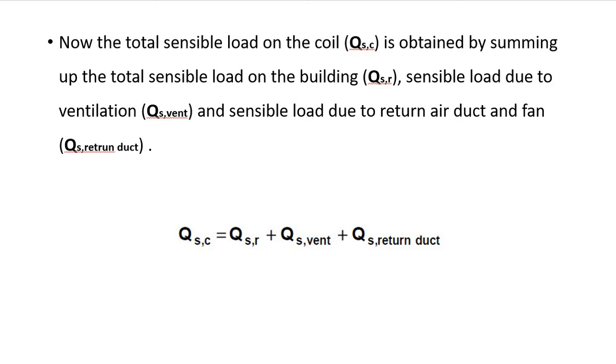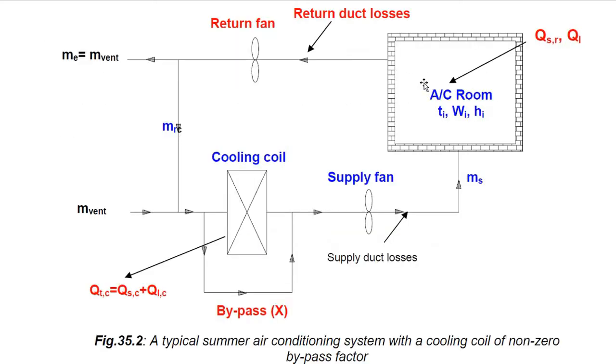QS return duct. What is that QS return duct? We know that air is continuously absorbed using this return fan through this return duct. This air is coming and mixing with the ventilation air and going to the cooling coil. When the air is flowing through the return duct, there is a chance that heat transfer takes place from the surrounding to the air inside the return duct.